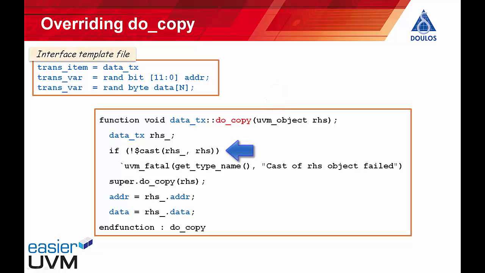So the very first thing we need to do within this method is to take the argument and cast it to our own transaction class, datatx. And we do that with a downcast. So here we're taking RHS, the argument of type UVM object, and casting it to be of type data transaction so that we can access the fields of that transaction. And then we're copying the fields one by one into the target transaction. So we're setting address to RHS.address and so on for each of the fields within the transaction. So that's do_copy. It's not particularly complicated.